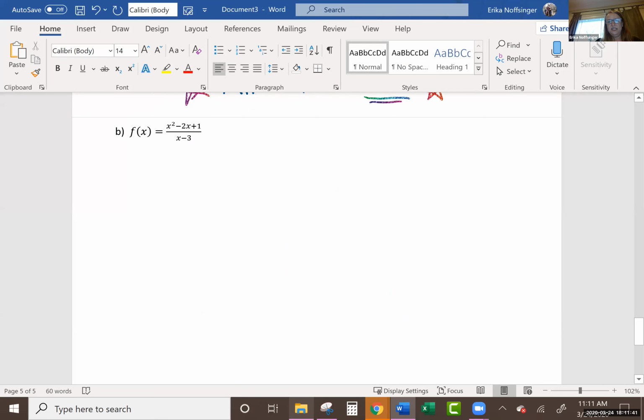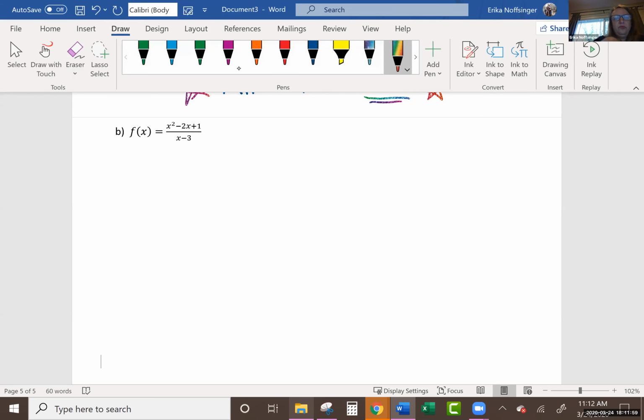And so same idea, we want to find out where the local extrema occur. And so we're going to do that by finding critical values. If you look at this, I can see right now that our domain of f of x is limited. We can't have x equal 3. So notice x cannot equal 3.